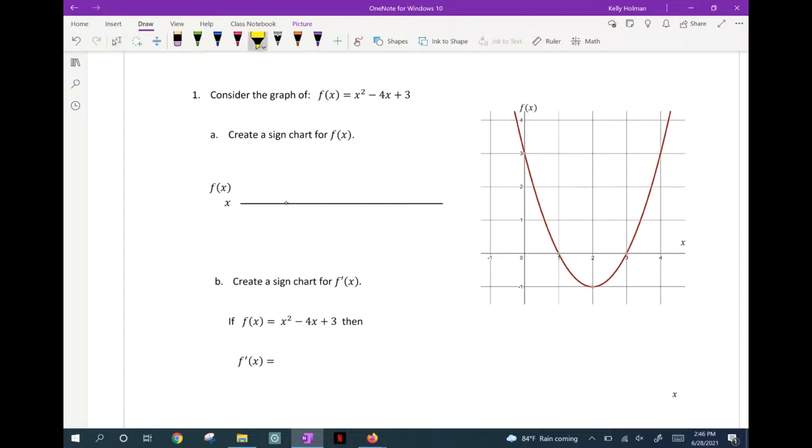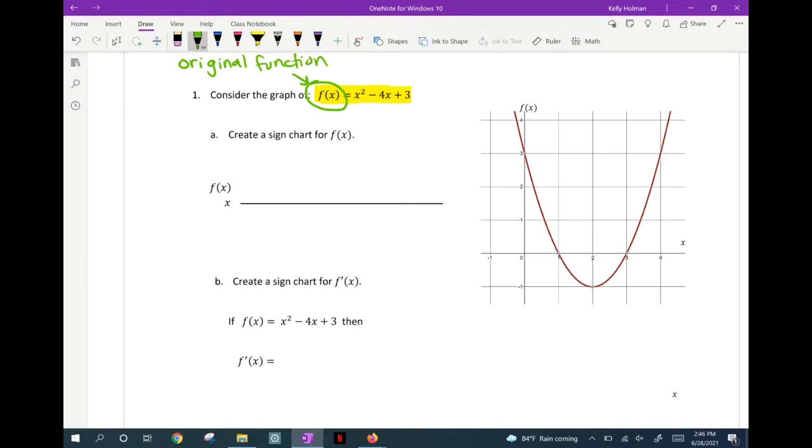What I've done here is I've graphed this function, f of x equals x squared minus 4x plus 3. I see f of x notation, not a prime or anything weird like that. This is just your original function. It's a nice, pretty parabola.